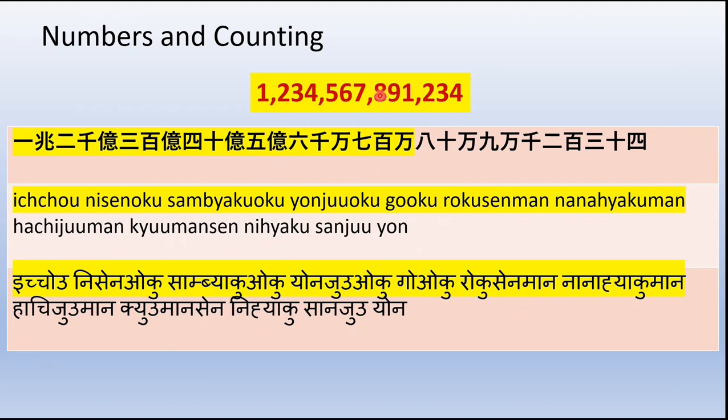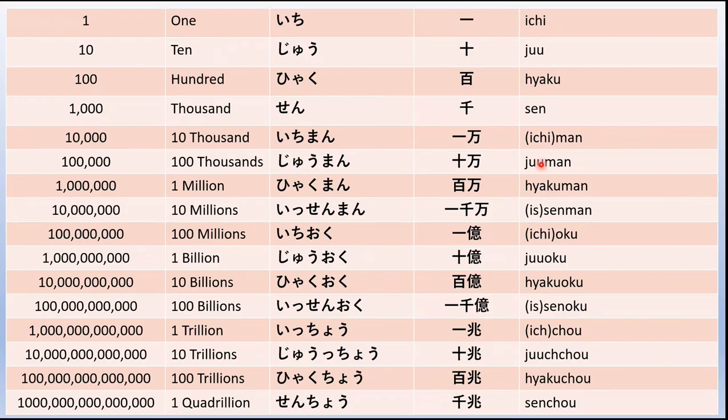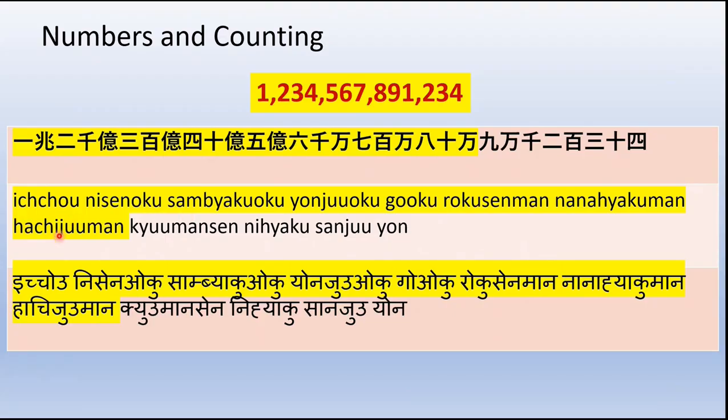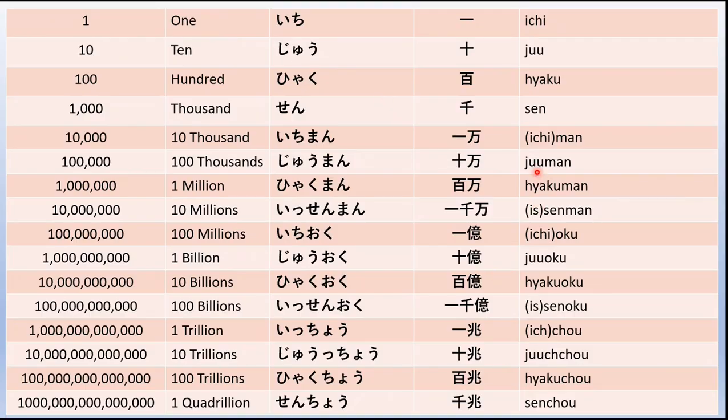And what will be the place value of hachi? Juman. So it will be hachi juman. After hachijuman, we have left 91,234. That means we have to write the place value of 9 here. After juman, we have ichiman, that is simply man.